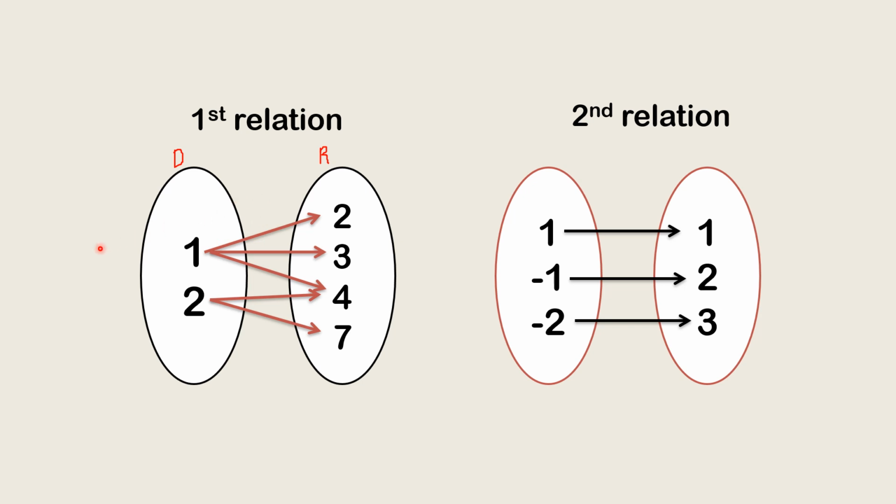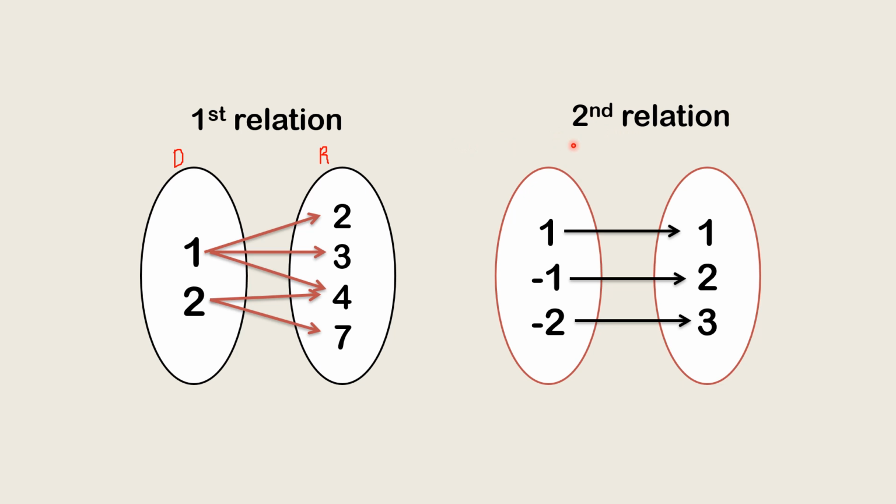And another thing, that 1 is also related to 3. 1 is also related to 4. Right? Parang si 2 din. Kung si 1 related kay 4, si 2 related din siya kay 4. Then, si 2, related din siya or connected din siya kay 7. There's a relationship existing between the values of the domain and values of range according to this set of arrows, tama?